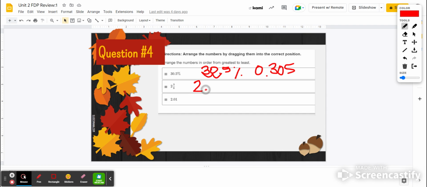I know I'm adding 0.015 each time. So if I add 0.125, I end up with 2 and 375. And then I have 2 and 100th. So my first place is going to be here, my second, and my third.